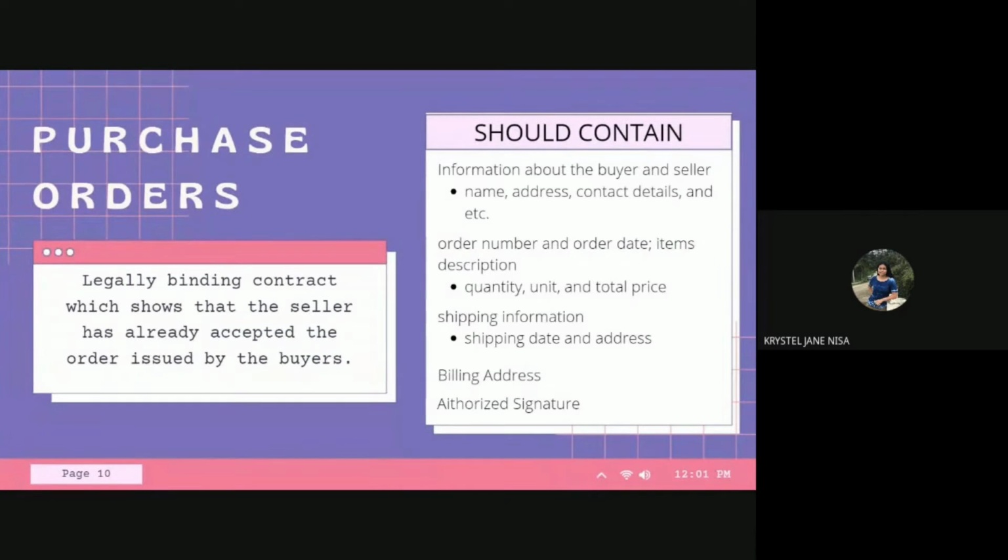And it contains information about the buyer and the seller, which are the name, address, contact details, quantity, unit, and total price of the description, billing address, and authorized signature.